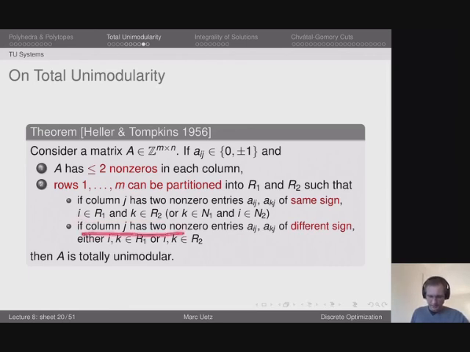And if I have a column with 2 non-zero entries of different sign, so +1 and -1 for instance, then they can appear in either one of the 2 sides of the partition. Okay, so if these conditions are fulfilled, at most 2 non-zeros in each column, and then this partition property, then the matrix is totally unimodular.